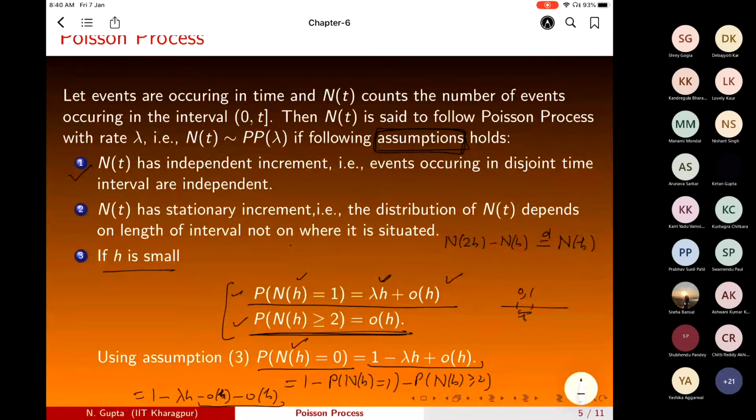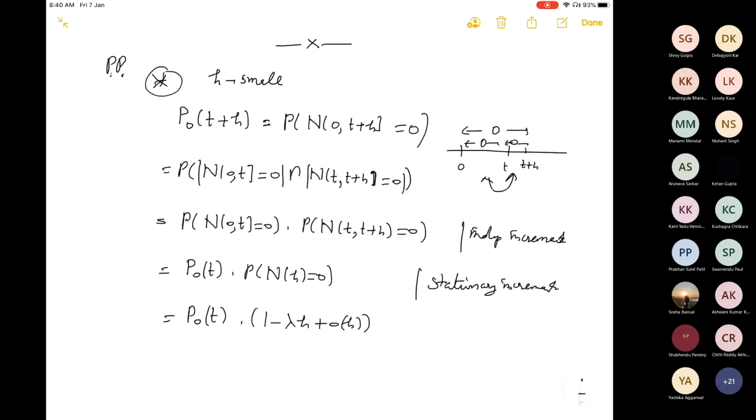When h is small, N(h) is equal to 0 has probability 1 minus lambda h plus small oh. So using that, because h is small here, this is the value.